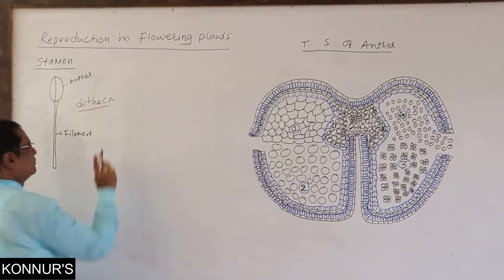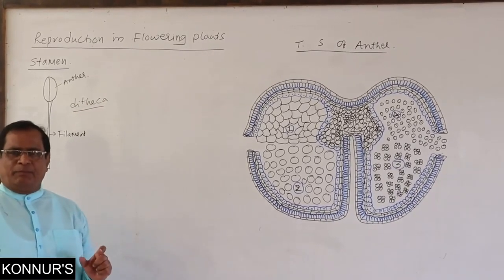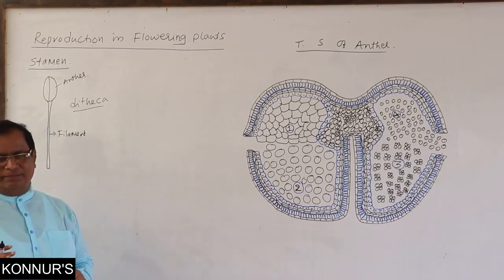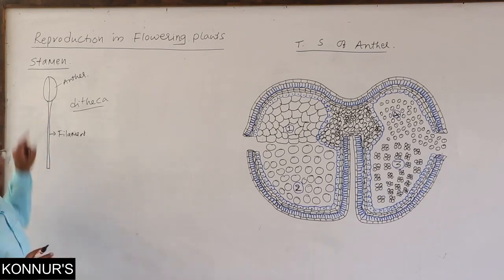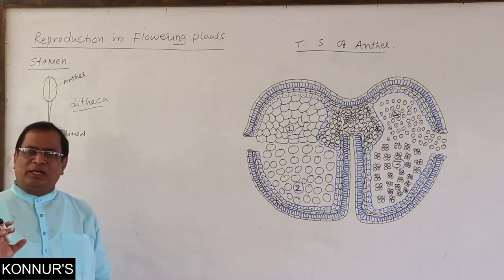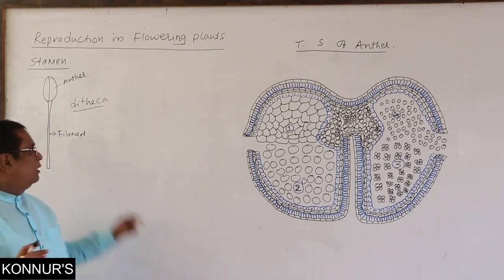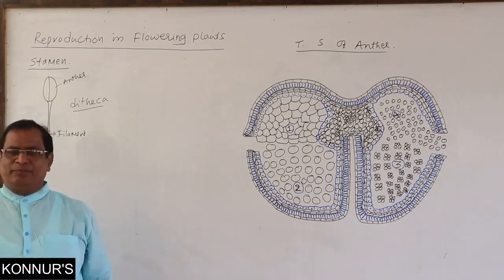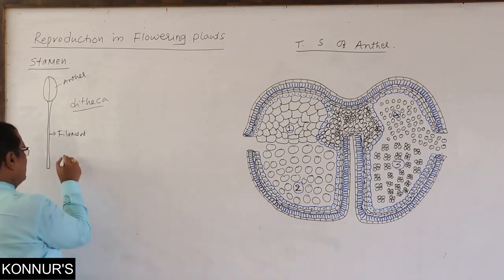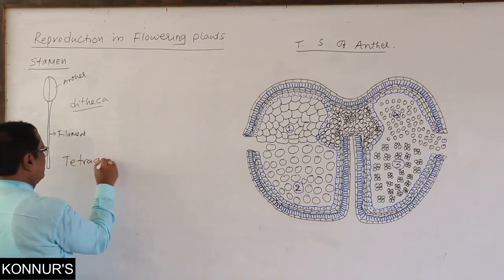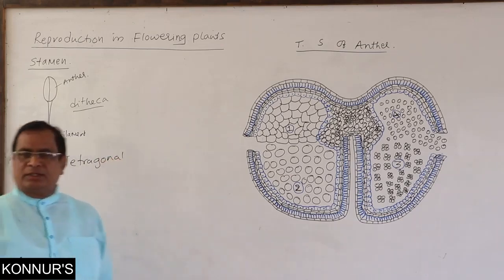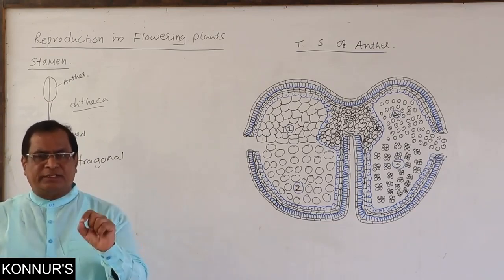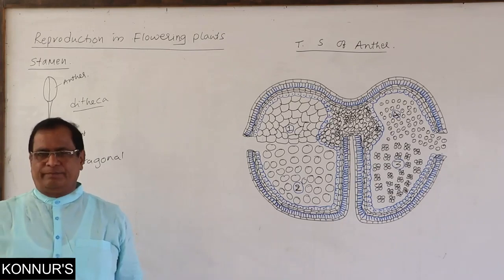The anther is the structure where pollen grains are formed. With two lobes each having two thecae, it looks tetragonal in structure, and there are four microsporangia.